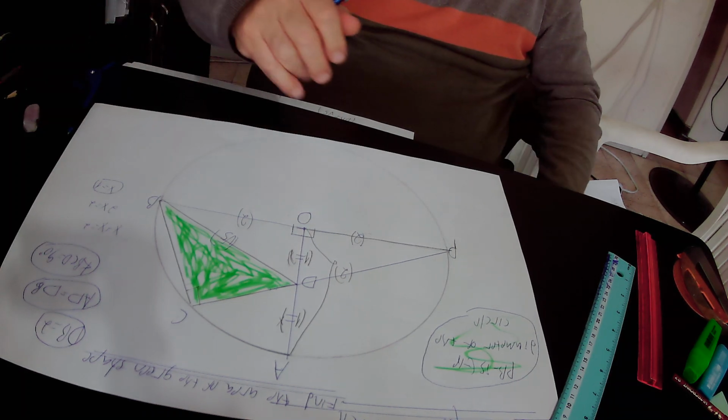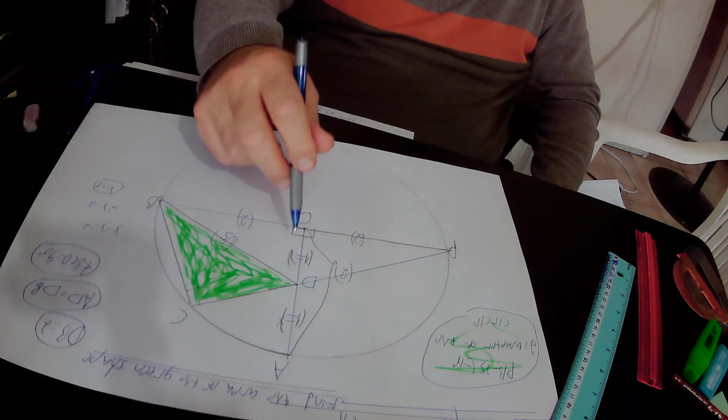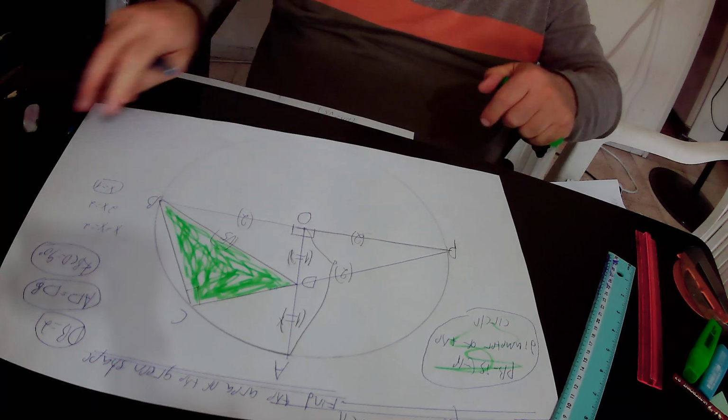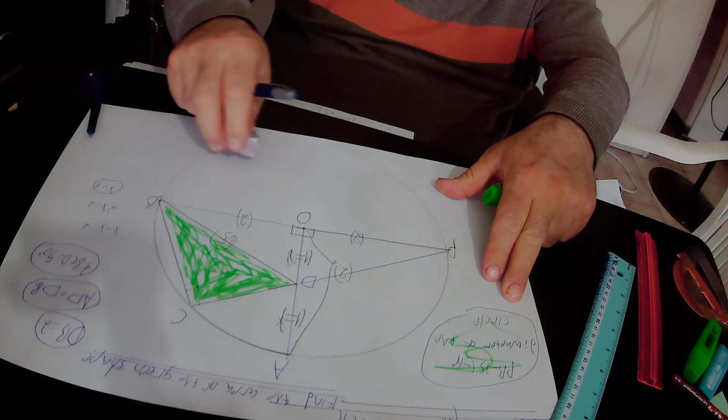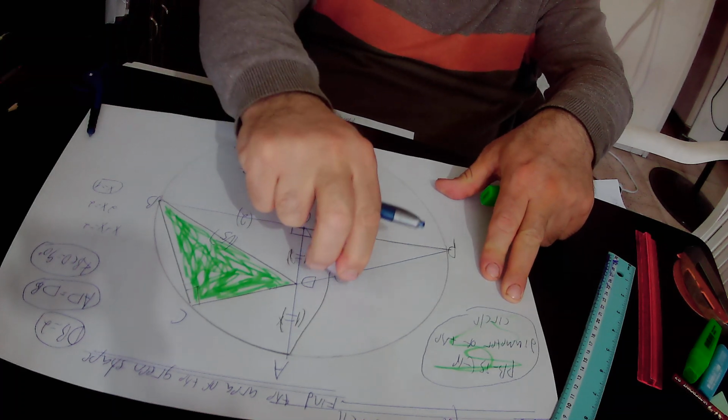So in the next step, I'll copy the right triangle PDO in a new page, and we'll implement the Pythagoras theorem on the right triangle PDO.